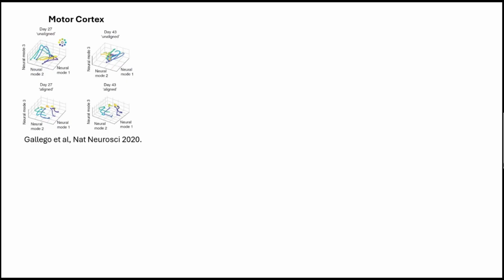You can use a low-dimensional projection algorithm to look at the neuronal activity in 3D on 2 different days, let's say day 27 and day 43, and you see completely different patterns of activity, suggesting that the underlying neuronal representation has changed. But if you're clever, and these people were, you can reorient these projections in such a way that you see the neural manifold is actually identical. So there have been some ongoing changes, but nonetheless, the population structure, the neural manifold, is stable.